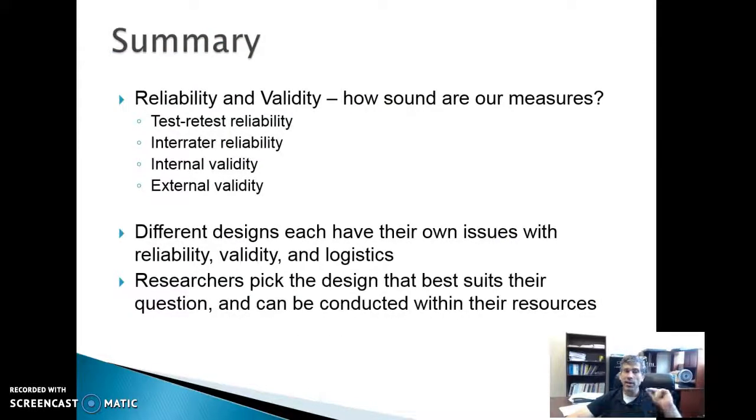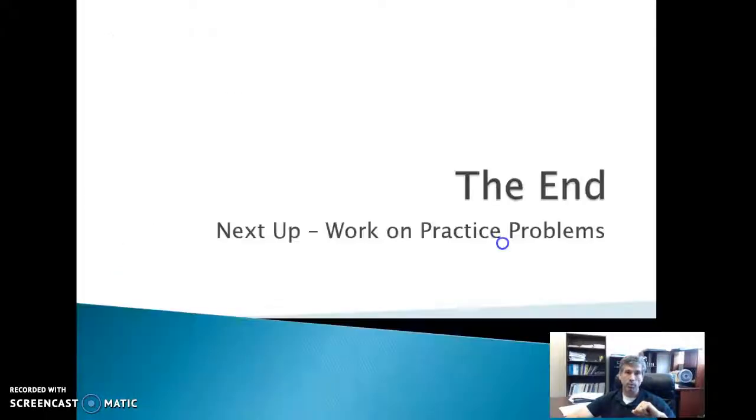So to summarize, be familiar with these four big subcategories of reliability and validity. Know that different designs each have their own issues. They also have logistical issues, just practicalities of running them, and that generally we pick the design that is the best fit for our question, but also fits our logistics, fits the resources that we have access to.